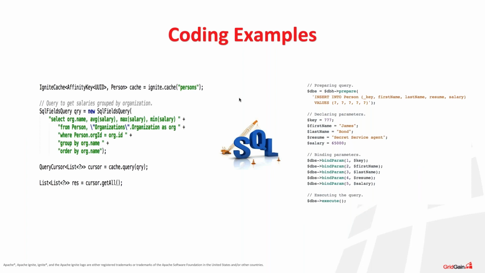Next. Here is a quick coding example. To the left, you can see how to execute a distributed join for person and organization datasets stored in your cluster from Java.